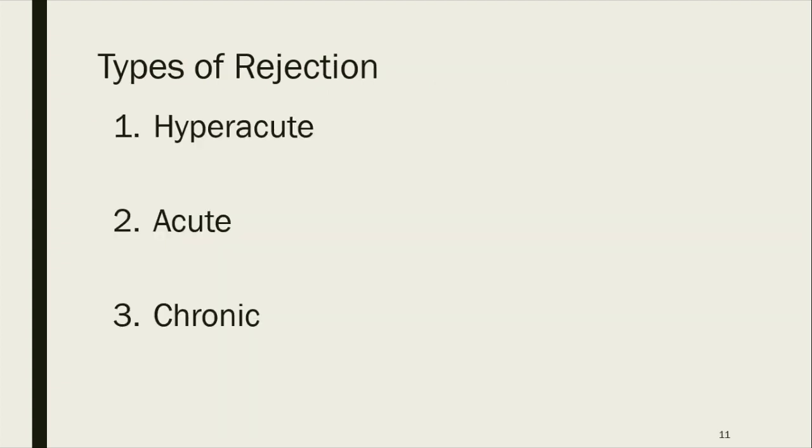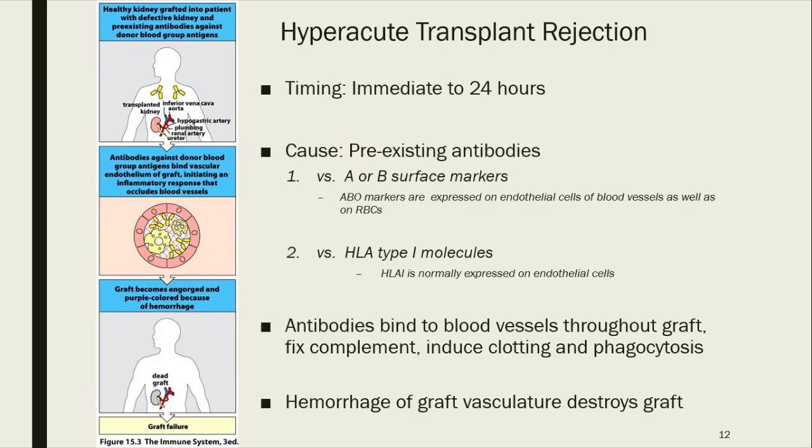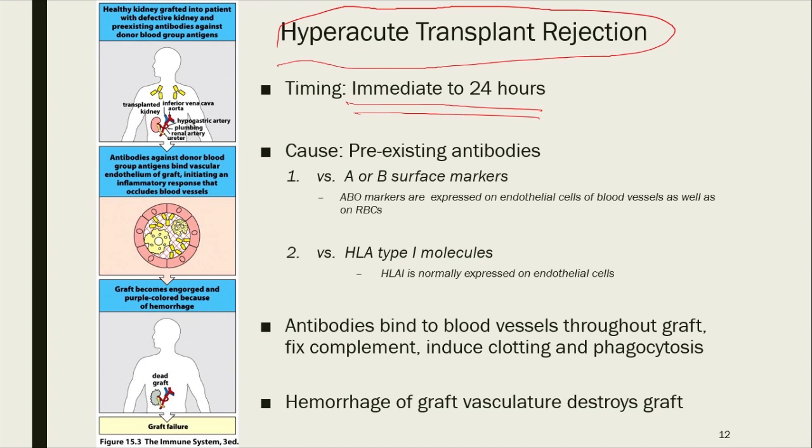Now, moving on to different types of rejections, here is a rundown of the list. We have hyperacute, acute, and chronic, and we're going to talk about each of those in a little bit greater detail. First is hyperacute rejection. In terms of time frame, it's almost immediate or within a day.